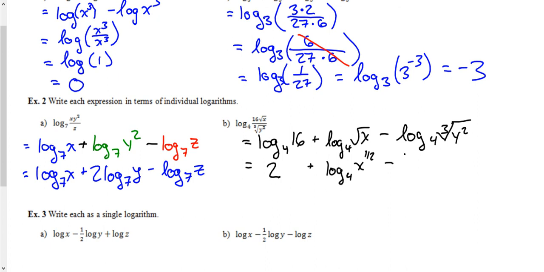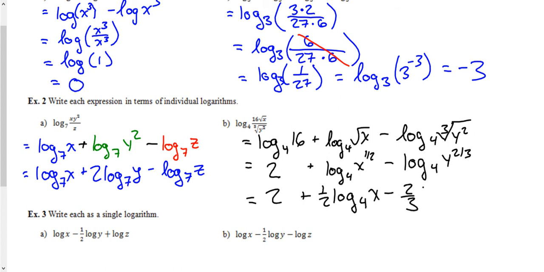And this is minus log base 4, and same idea here, rewrite that radical as an exponential. So that's going to be 2 over 3. And I'm going to rewrite this one more time as 2 plus 1/2 log base 4 of x minus 2/3 log base 4 of y. And there we have it.